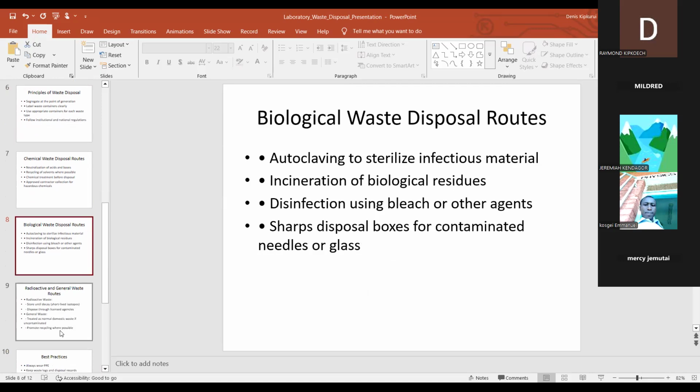If they are hazardous, we can first do autoclaving. This is a process whereby you sterilize the infectious material so that when you are disposing of it, it cannot be harmful to the environment. And if they are not hazardous, you can do landfilling.